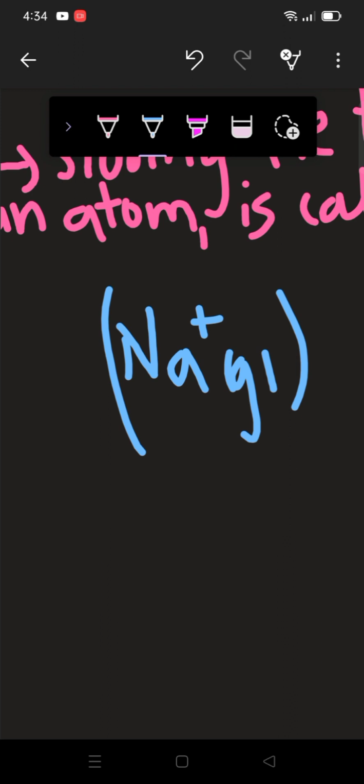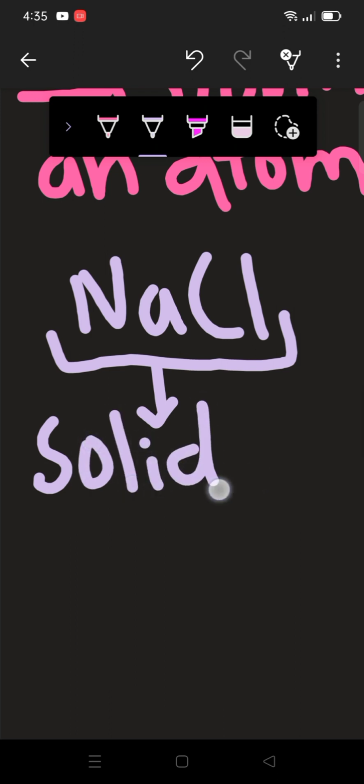Let me tell you the actual meaning of this today. This is basically representing that this Na is in the gaseous form. Now, how is it in this gaseous form? Let me go with the process. All right, what we have taken here basically is NaCl. NaCl is basically a solid, sodium chloride solid.